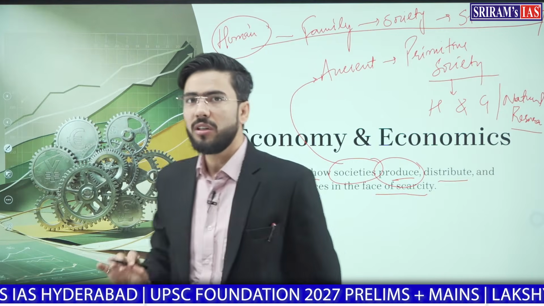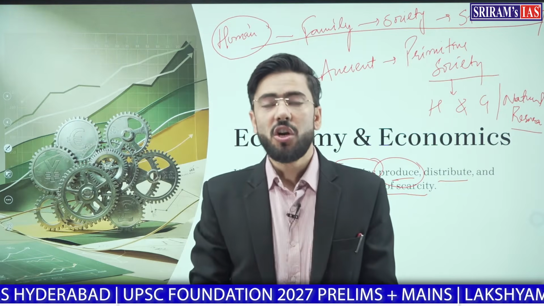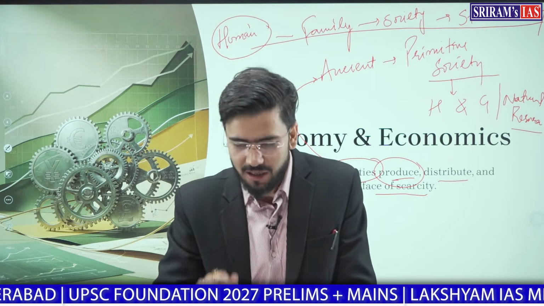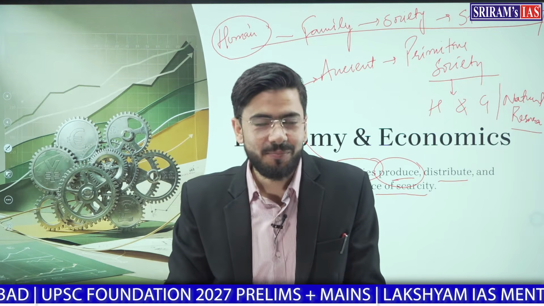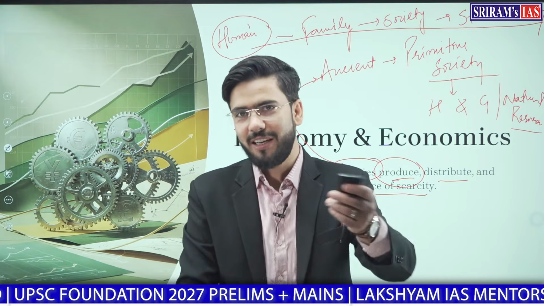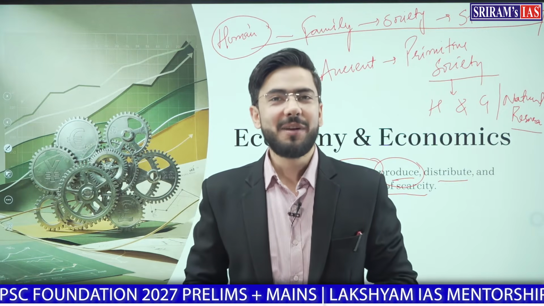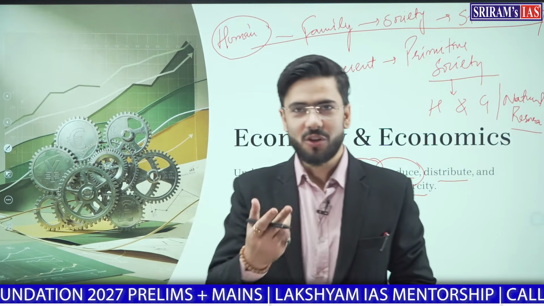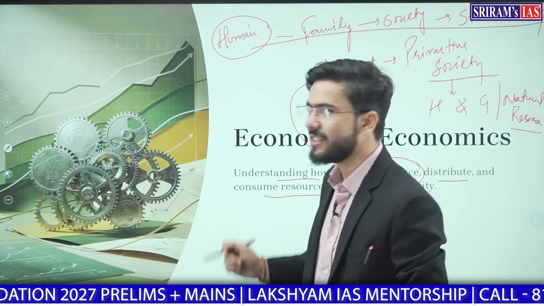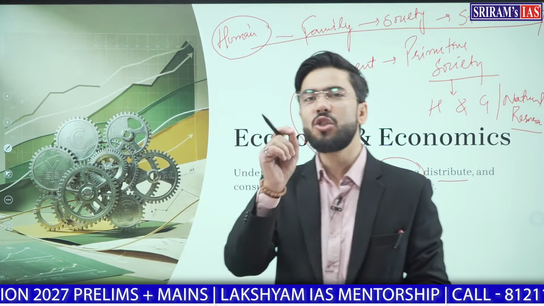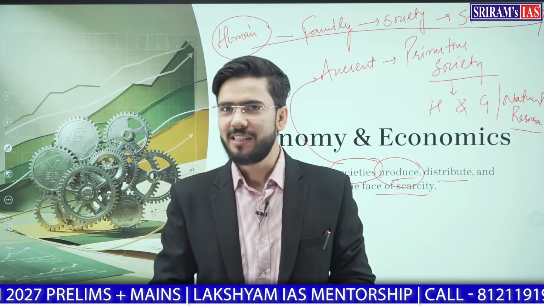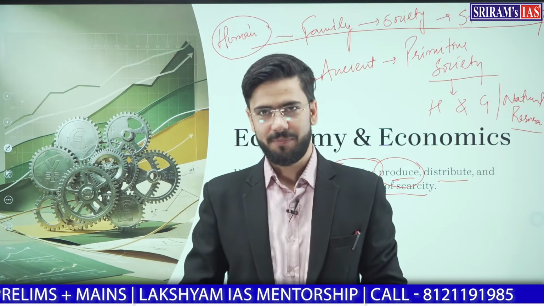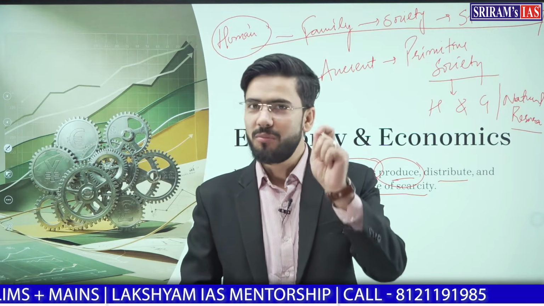It is argued by sociologists, economists and political thinkers, for example Aristotle says that man is by nature a political animal. Similarly, there are sociologists who say that man is by nature a social animal. Why do we say this? Because man himself comes with needs, and these needs have to be fulfilled.